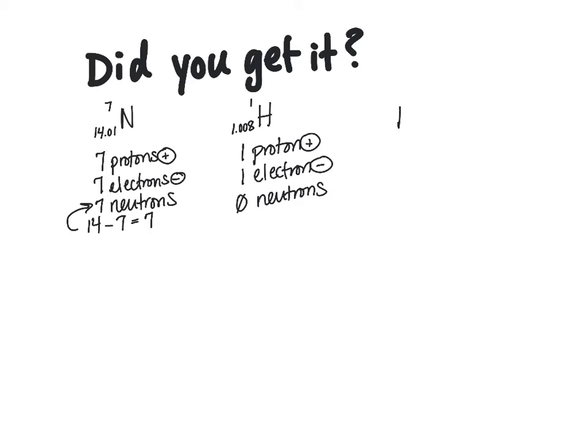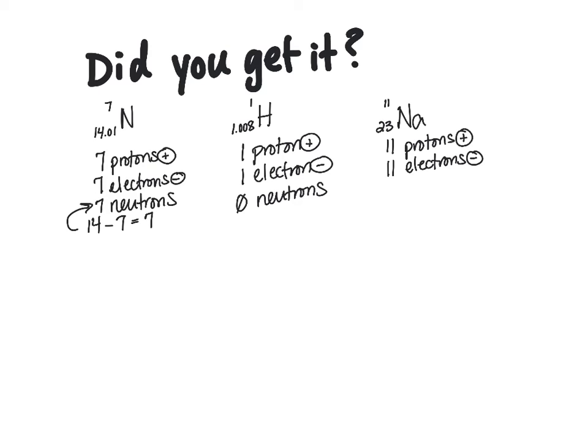So let's take a look at sodium. Sodium has the abbreviation of Na. Sodium has an atomic number of 11 and an atomic mass number of 22.99, which we're going to round off to 23. Now the atomic number tells us that sodium has 11 protons and 11 electrons.